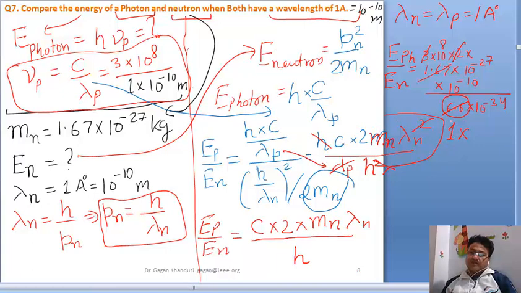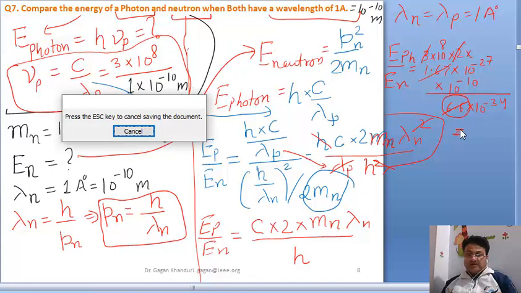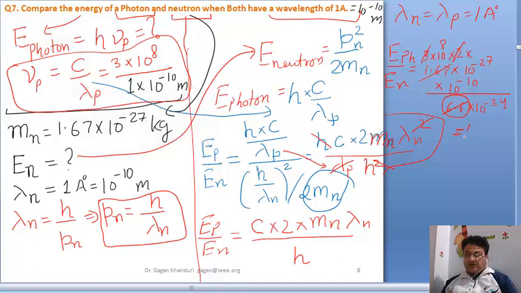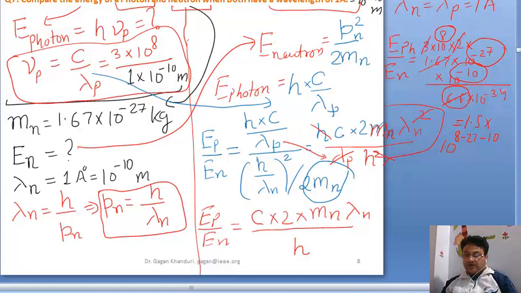And 1.67, I am going to write it as 1.5, into 10 raised to power 8 minus 27 minus 10, and this 34 will come up, so plus 34.